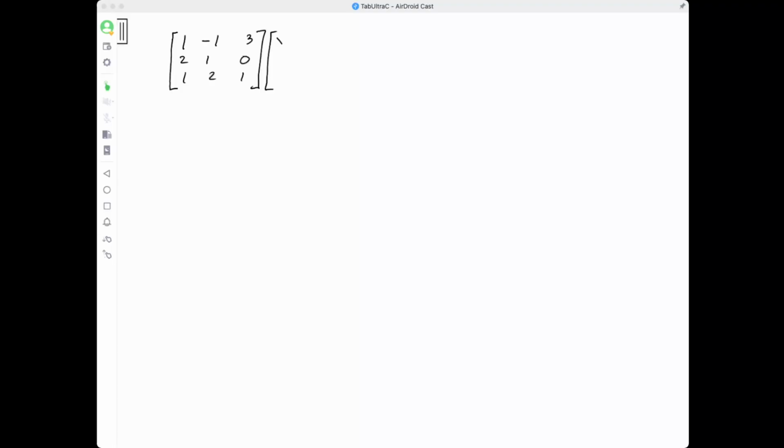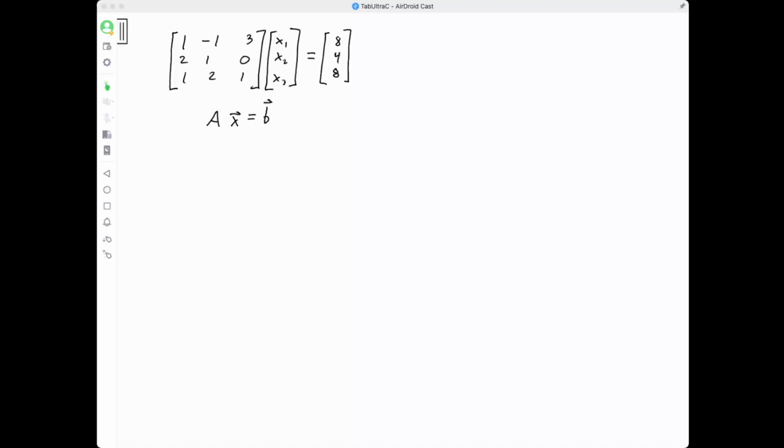So I'm going to have x1, x2, x3. And suppose we're saying that this is equal to the vector 8, 4, 8. If I want to solve this matrix equation, I can think of this as a matrix A times a vector x is equal to some particular vector b. And so now I would be trying to figure out what that vector x is that makes this true to solve this equation.